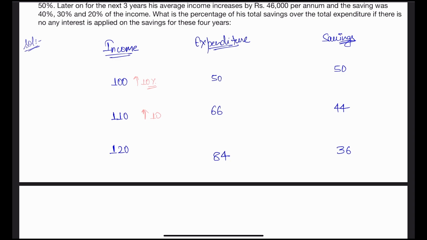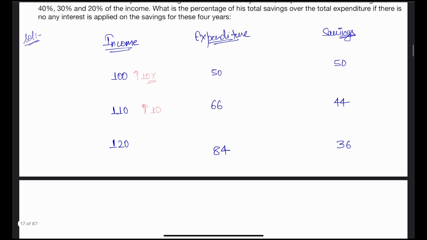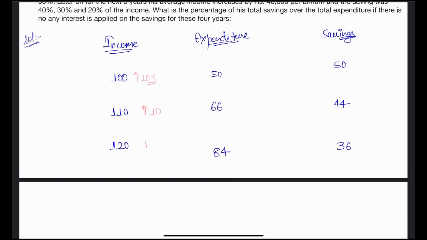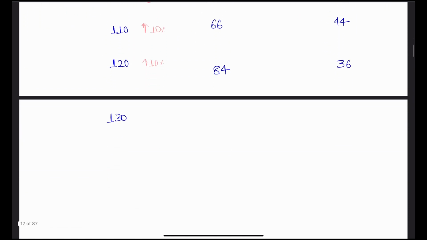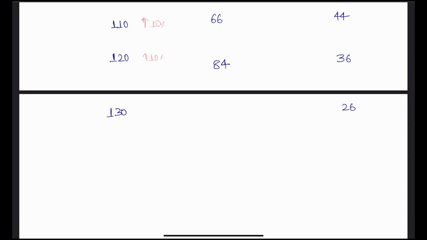And for the again 10% increase, this 120 will become 130, and here it is saying 20% is the saving, so 26 rupees is this one, and 94 will be the expenditure.